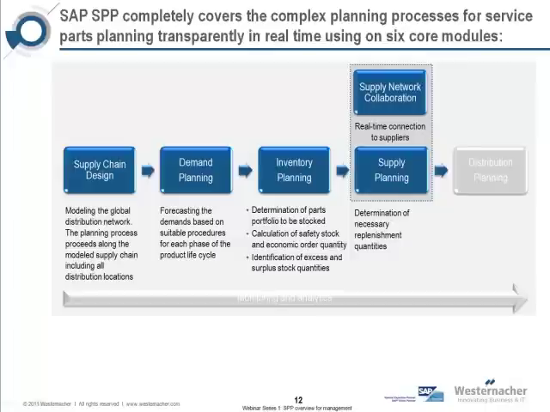The fifth module is the supply network collaboration. Actually, this is not part of SPP, and SAP provides another application, therefore, called SAP S&C, Supplier Network Collaboration. While purchased separately, it is fully integrated into the SPP solution.